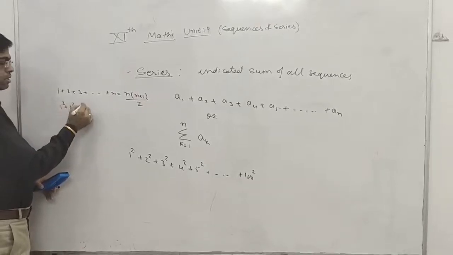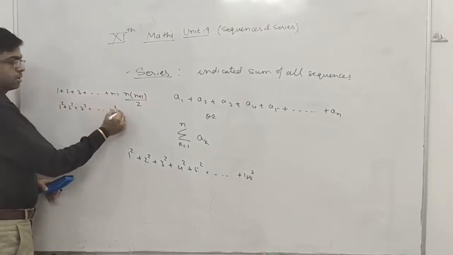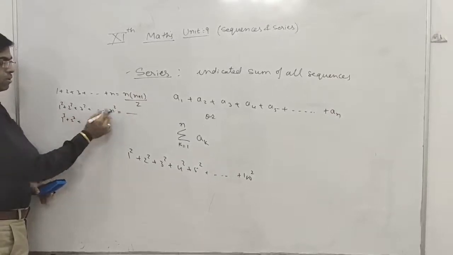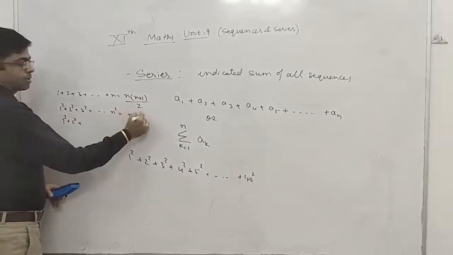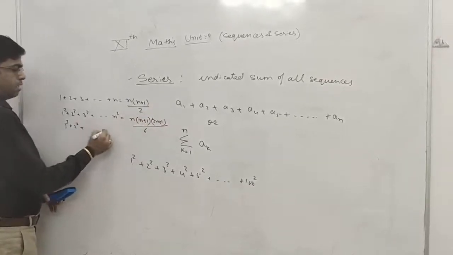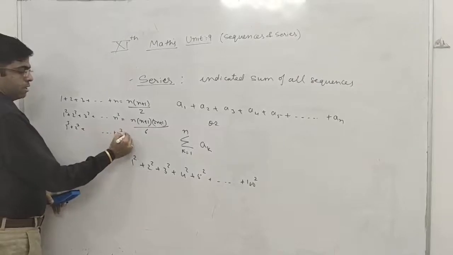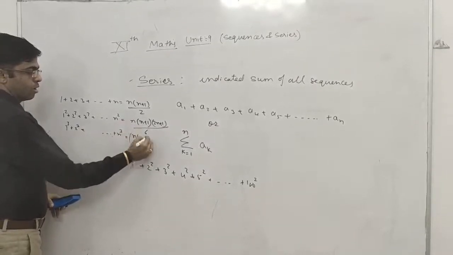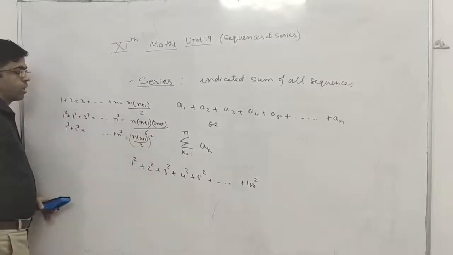Sum of these series you will study now: 1 cube plus 2 cube, this is n multiplied by n plus 1, 2n plus 1 upon 6, and this is n multiplied by n plus 1 upon 2, whole square.